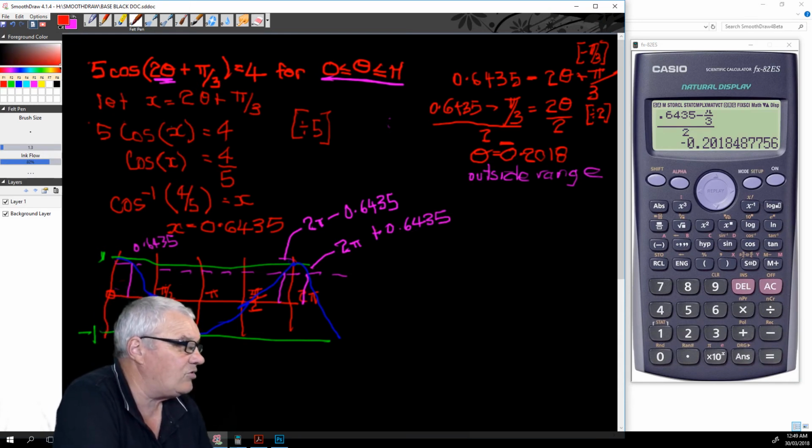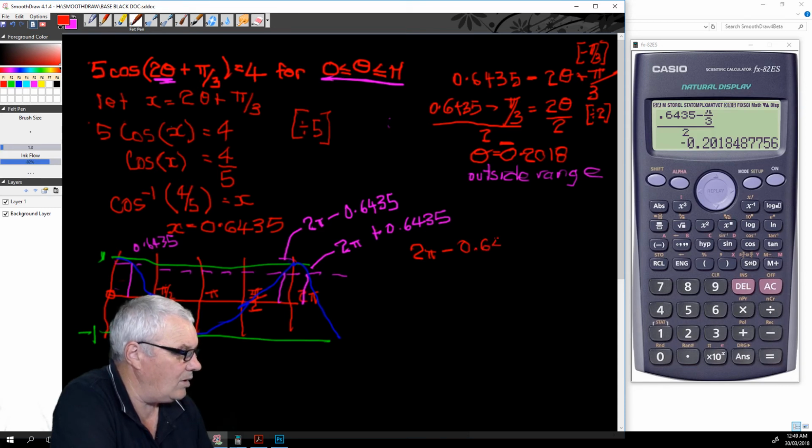let's look at our next solution, which is, and that we'll put down here. So that's going to be 2 pi minus 0.6435, and that will equal 2 theta plus pi by 3.